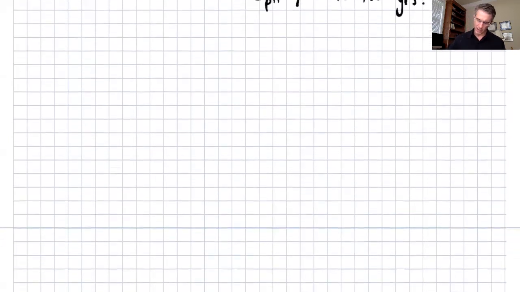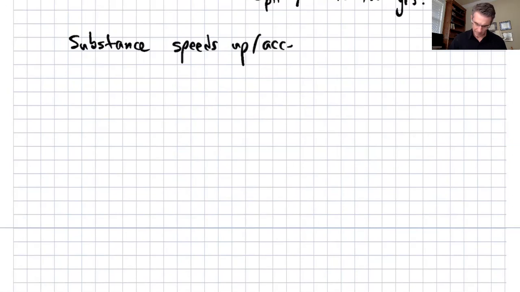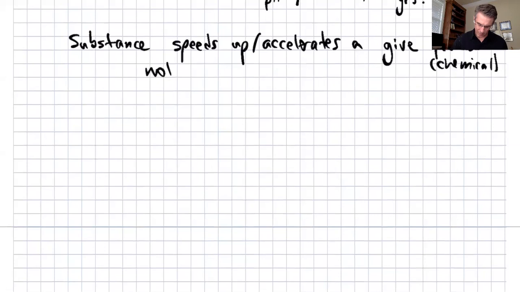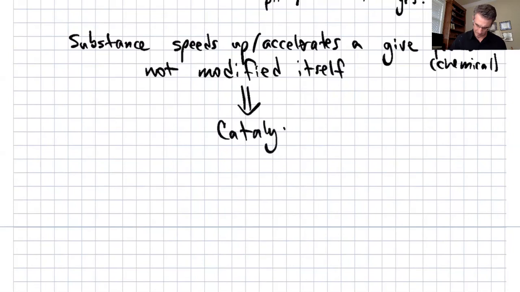And of course, as you all remember, any substance that speeds up or accelerates a given process, and in our case that process is going to be a chemical process, but is not itself modified, is of course known as a catalyst, right?